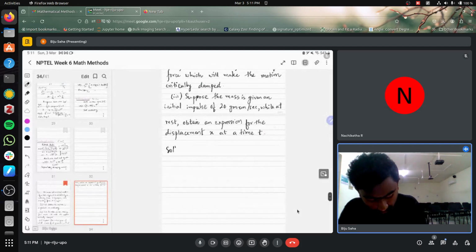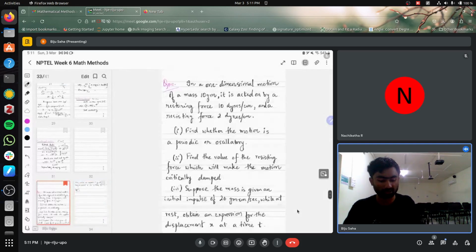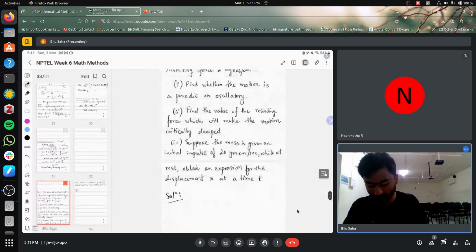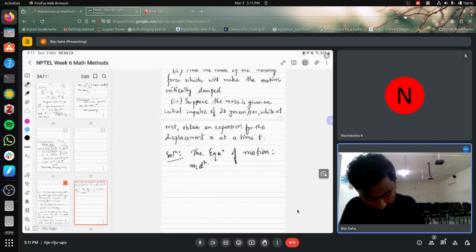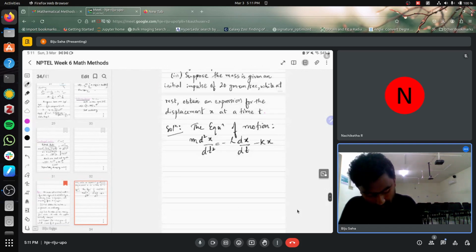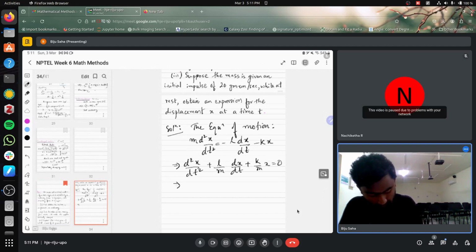This will be a bit interesting also because it has some connection with the physical world. So basically, first of all, let us write the equation of motion here.